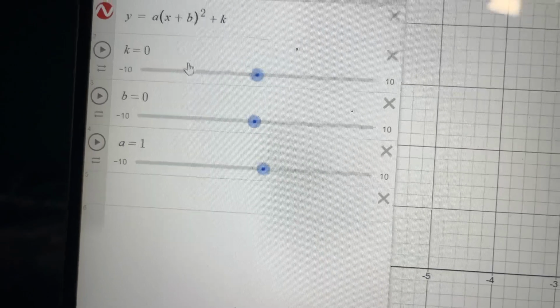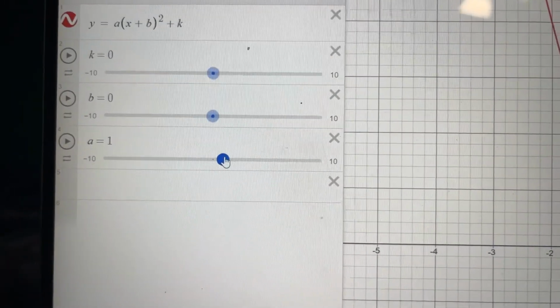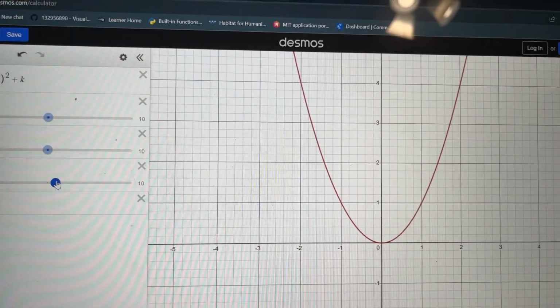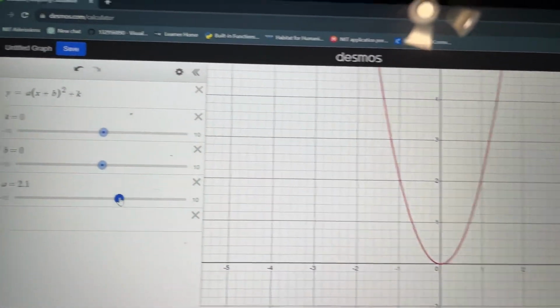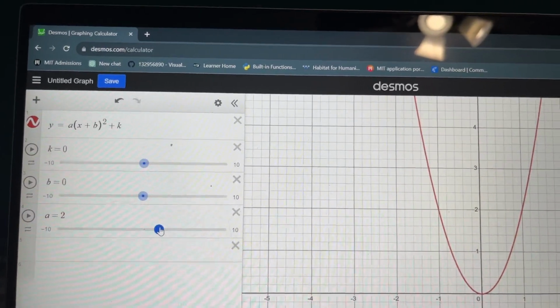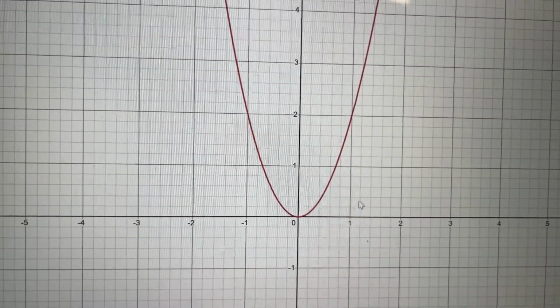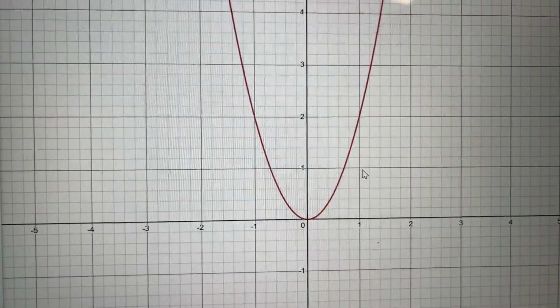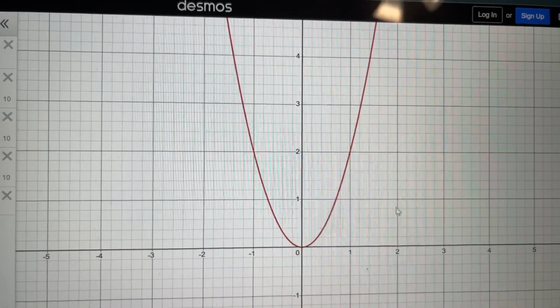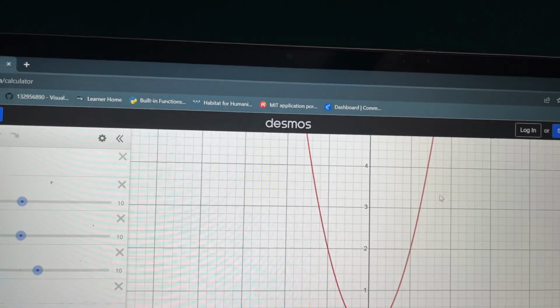Finally, if I go over to my a, and I make this, let's say, 2. Let's figure out what happens. If I go up to 2, you're going to notice that 1 squared is 1 times 2 is 2. 2 squared is 4 times 2 is 8.